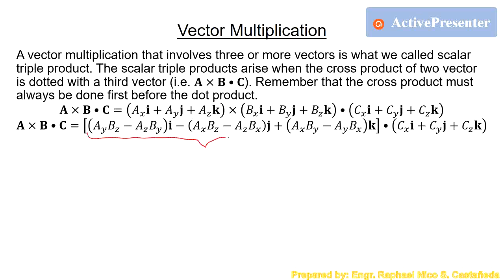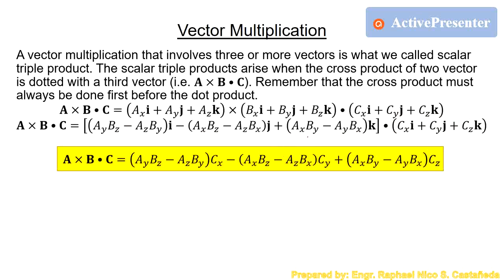This formula is from the previous topic, the cross product, the same 3x3 matrix, then calculating the determinant. Then if we dot product, meaning we multiply this one to this one, and this one to this one, and this one to this one, the resulting answer will be like this.